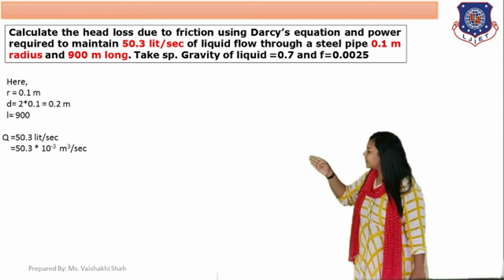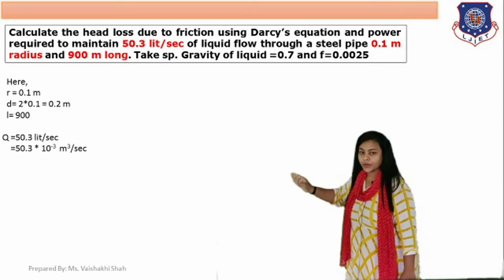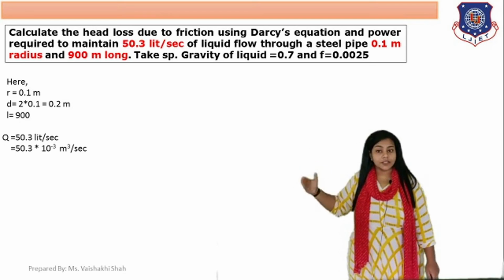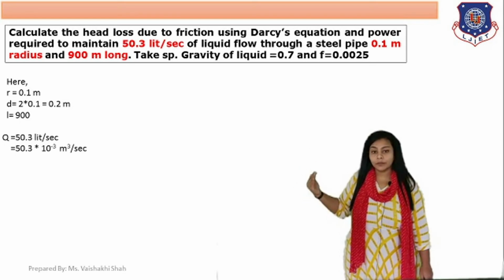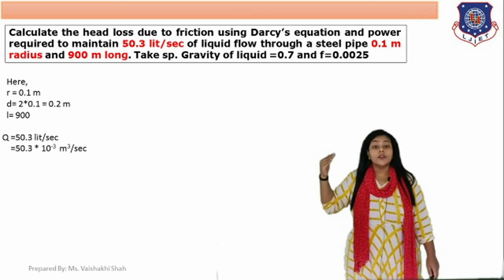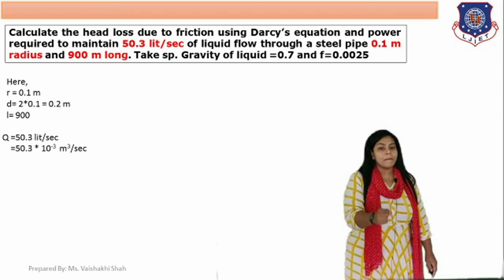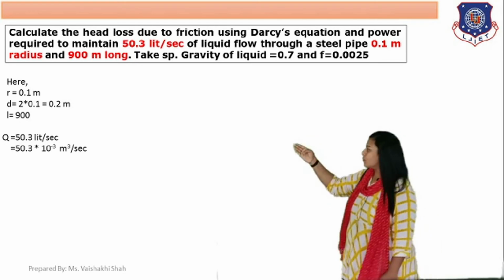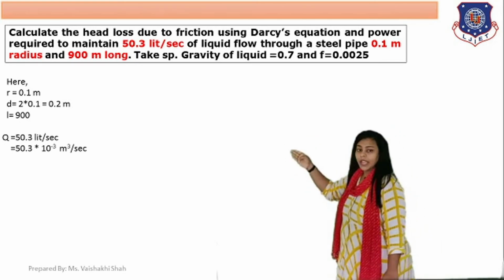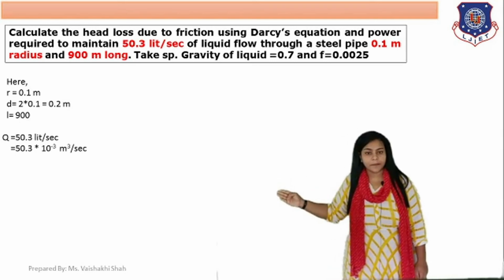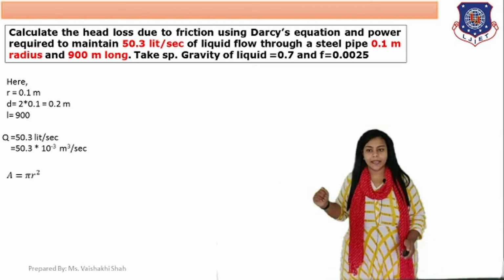What is the conversion? Q is 50.3 into 10 raised to minus 3 meter cube per second.